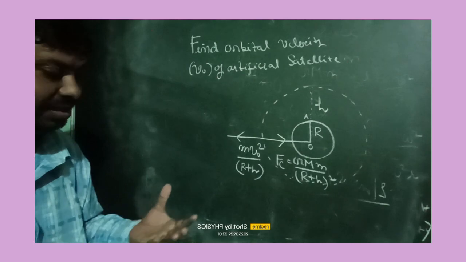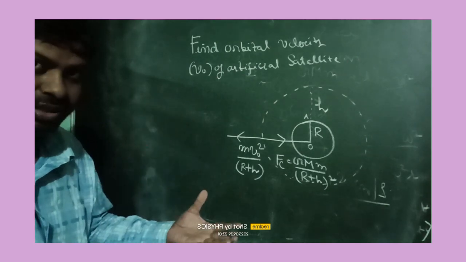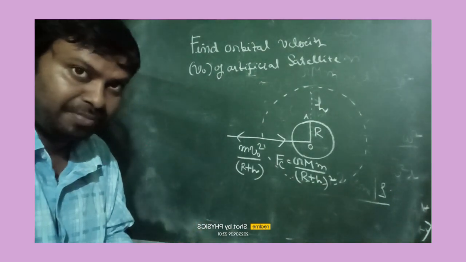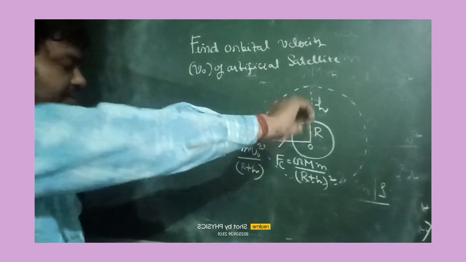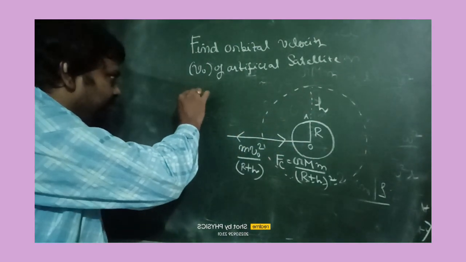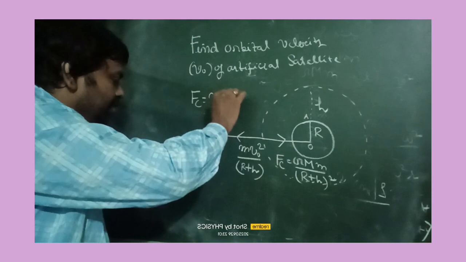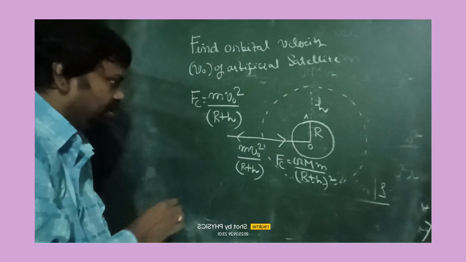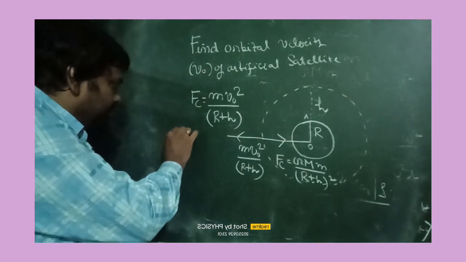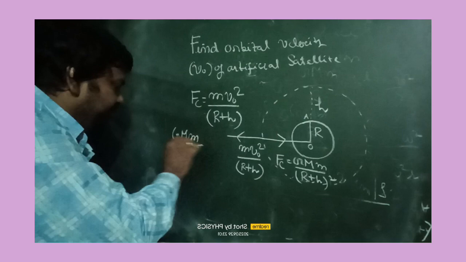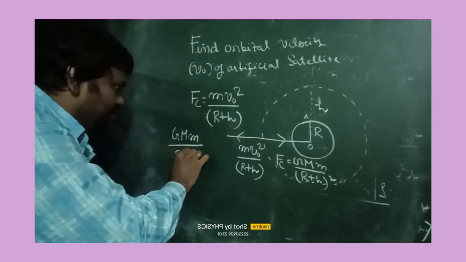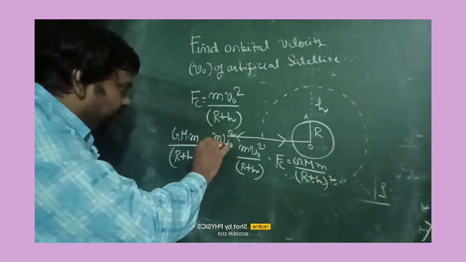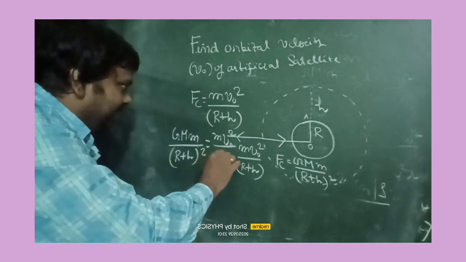Now the satellite at that orbit is in the equilibrium condition. As it is in the equilibrium condition, we should consider that Fc is equal to m v0 square by (R plus h). Now Fc is equal to G into capital M into small m by (R plus h) whole square, is equal to m v0 square by (R plus h).